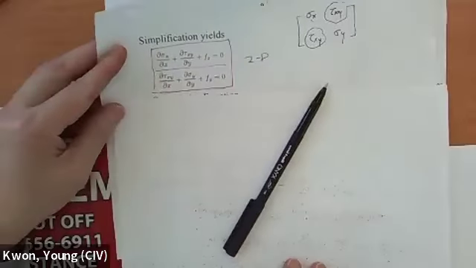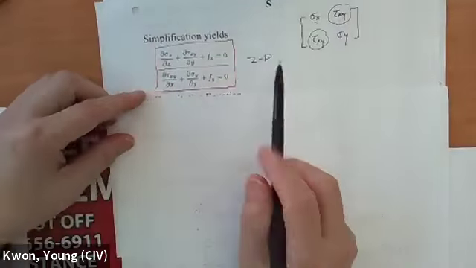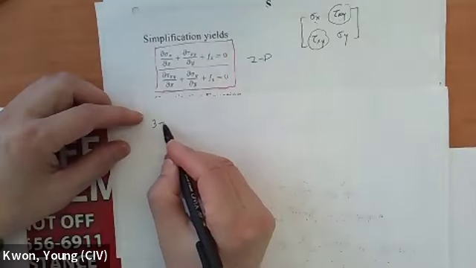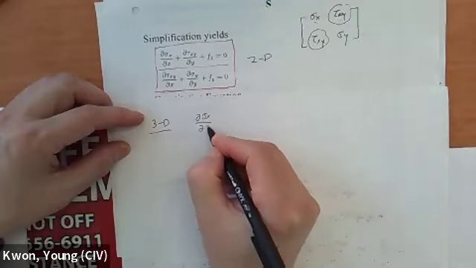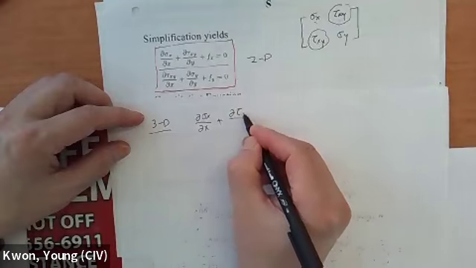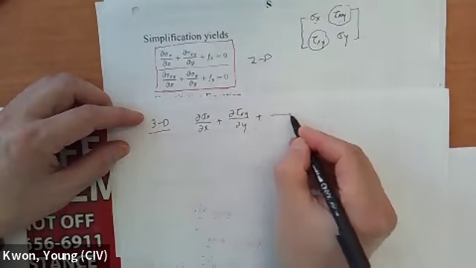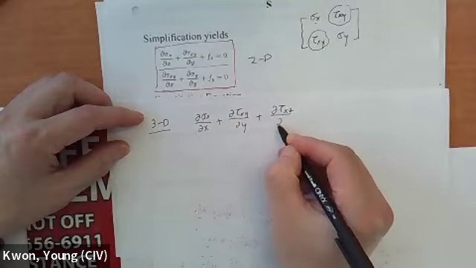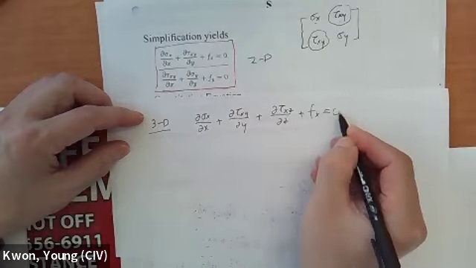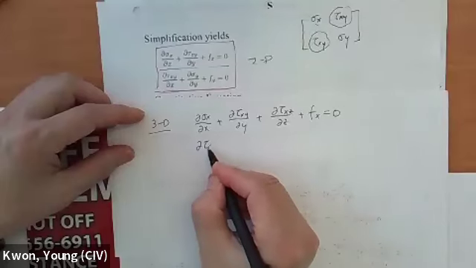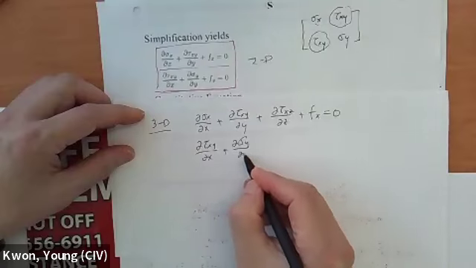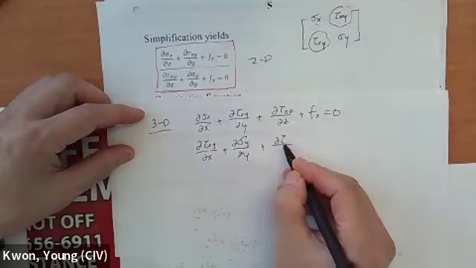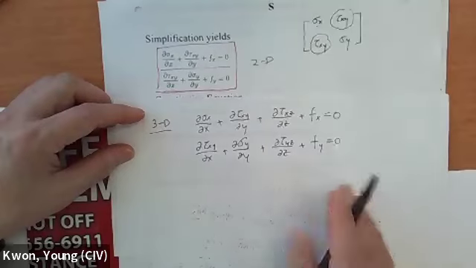So this is the 2D equation of equilibrium. If you expand this to 3D, the equation of equilibrium is partial sigma x partial x plus partial tau xy partial y plus partial tau xz partial z plus fx equals 0, and partial tau xy partial x plus partial sigma y partial y plus partial tau yz partial z plus fy equals 0.